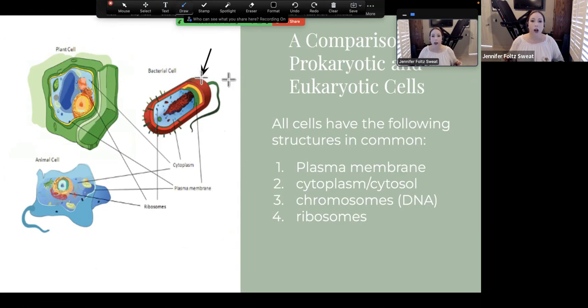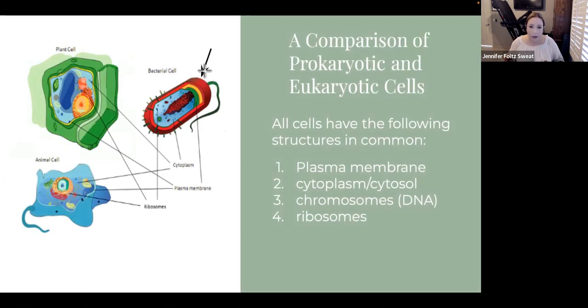right here. In this bacterial cell, actually, the plasma membrane is the yellow structure in this particular image, right there. In a plant cell, the plasma membrane is this little strip right here.